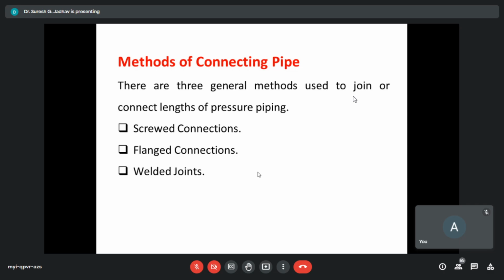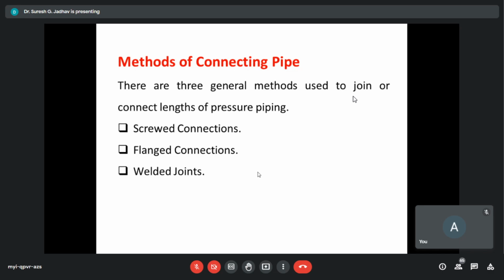Now, the fourth advantage: a pipe looks neater and is easier to insulate with the elimination of bulky flanges and fittings. So here we can reduce the bulky flanges and fittings with the help of welded joints or welded connections.